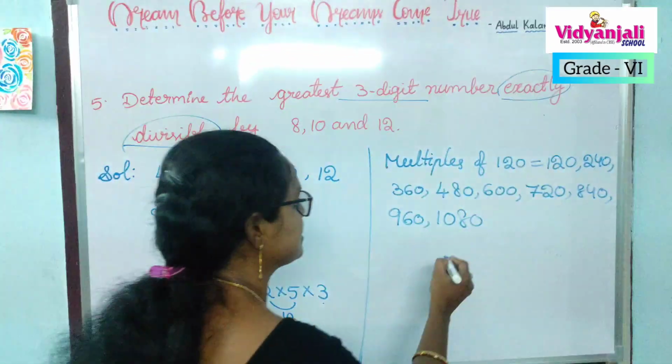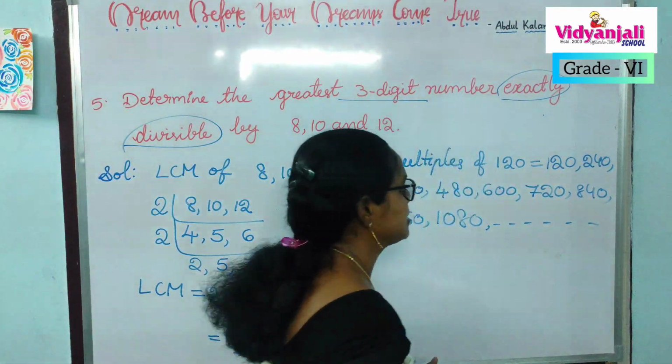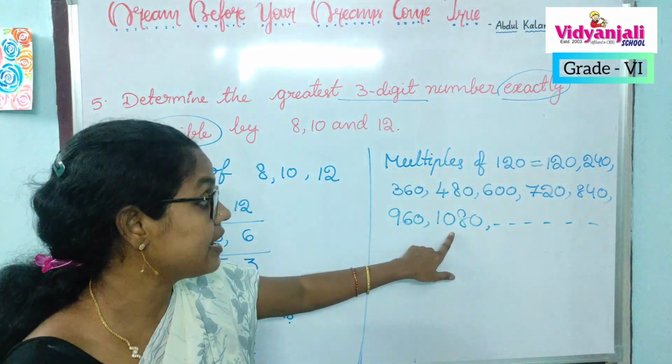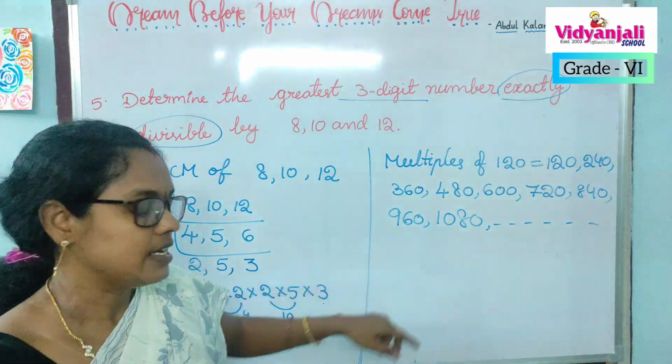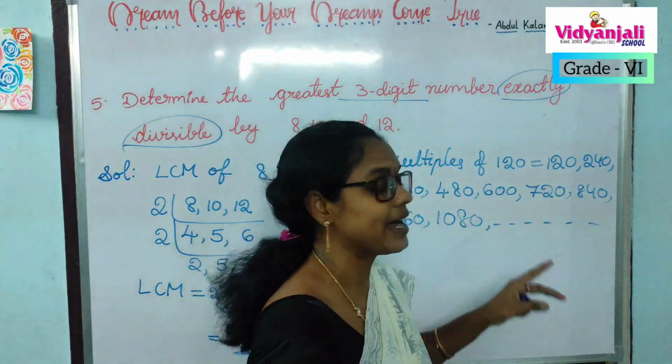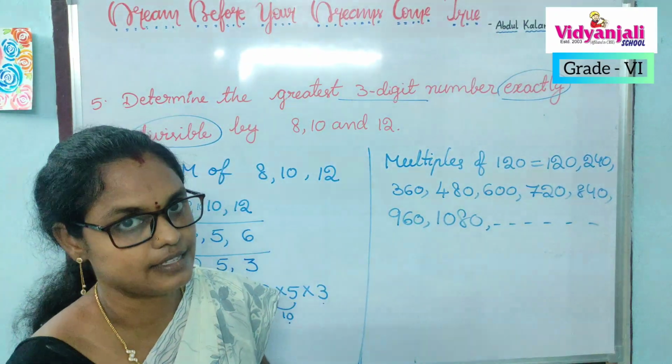Now, still we have multiples. We want only the greatest 3-digit number. So when I get a 4-digit number, I stop. Is it clear?